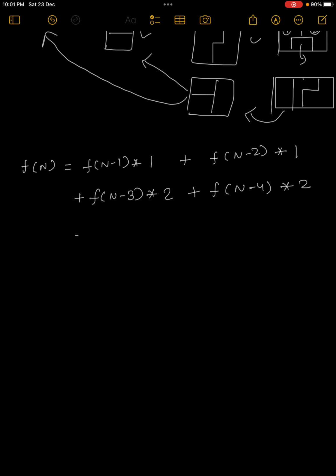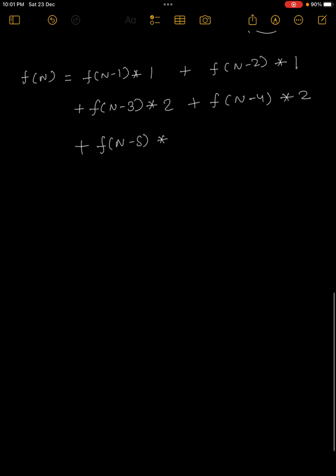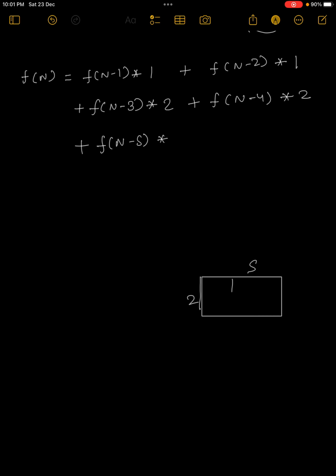Similarly, if we go for f of n minus 5, then what are the unique ways to tile a 2 cross 5 board? So basically this is 2, this is 5, and the unique way would be if we tile it like that. This is first domino, this is first domino, this is second domino.